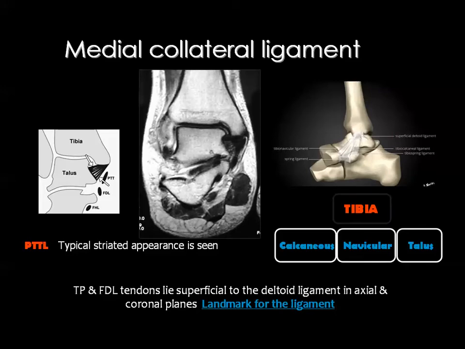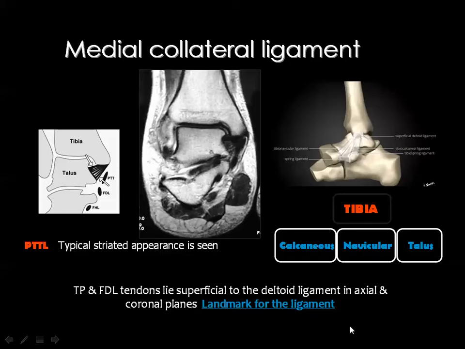Now we come to the ligaments located on the medial aspect, and this is the deltoid ligament. The deltoid ligament is a complex ligament formed of many bands, and these bands go from the tibia to the calcaneus, to the navicular bone and to the talus.